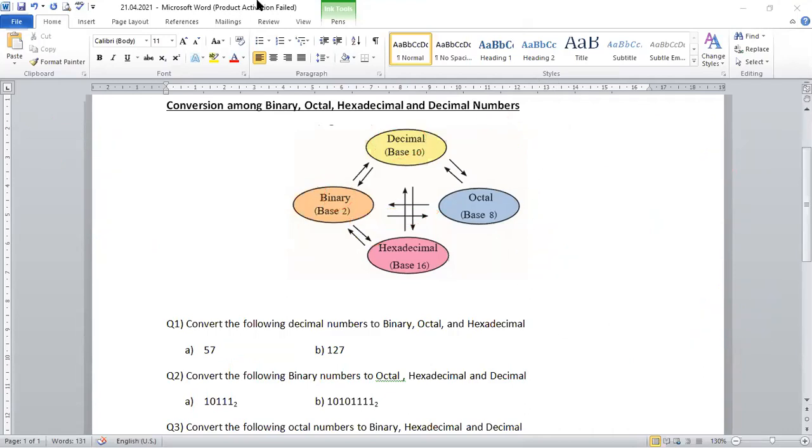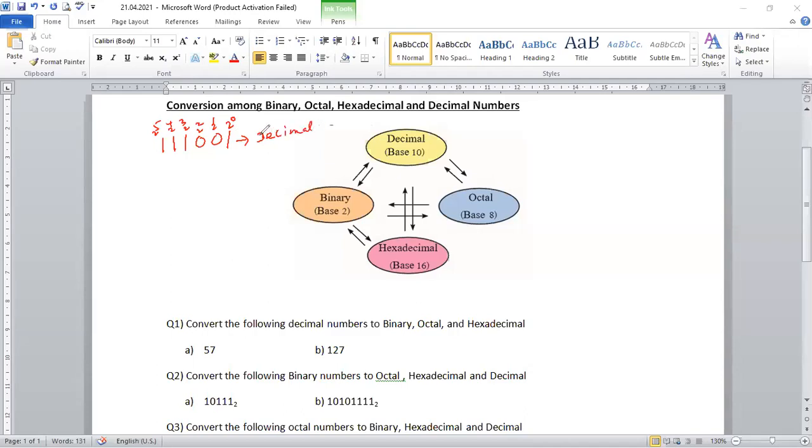Now you all know how to take the binary number. When you get the binary number 111001, you have this value, 2 to the power 0, 2 to the power 1, 2 to the power 2, 2 to the power 3, 2 to the power 4, 2 to the power 5. So this is how you are converting a given binary number to decimal.